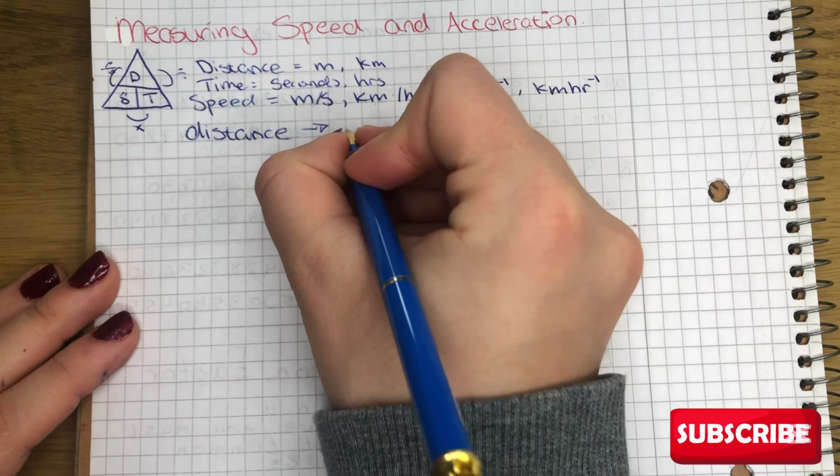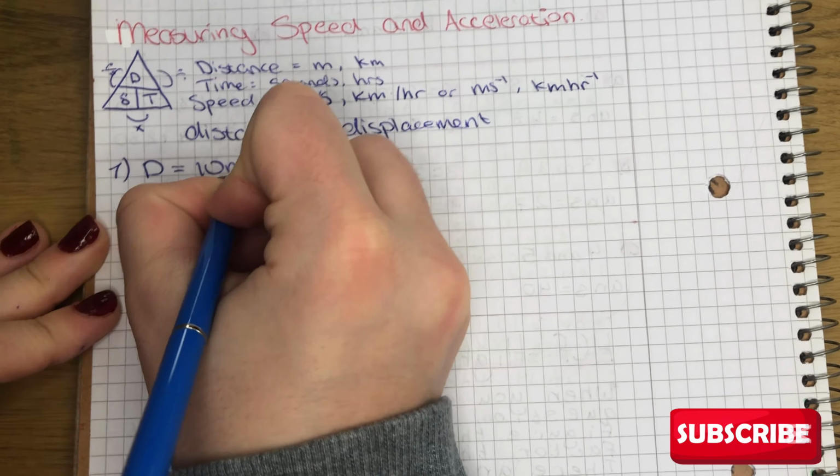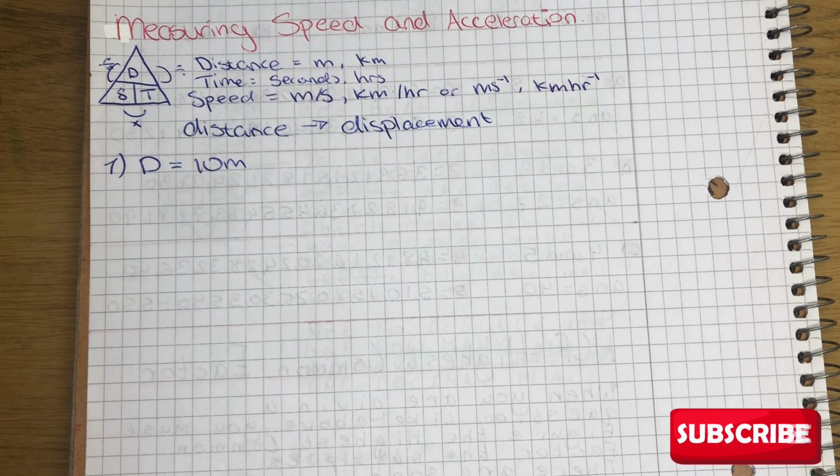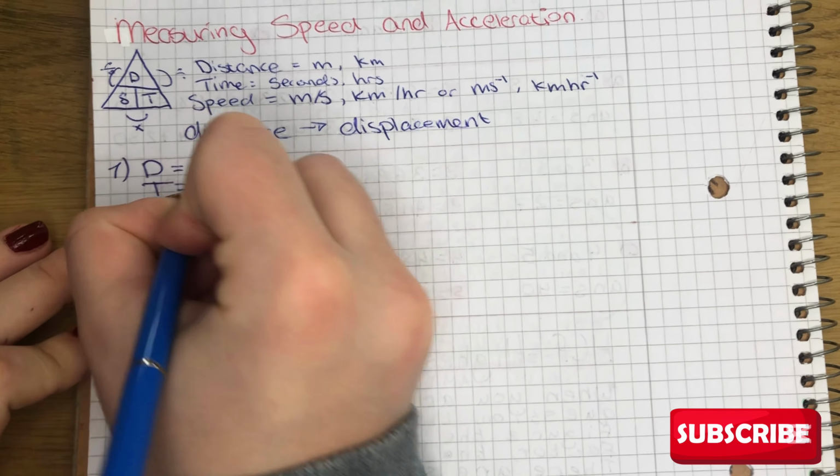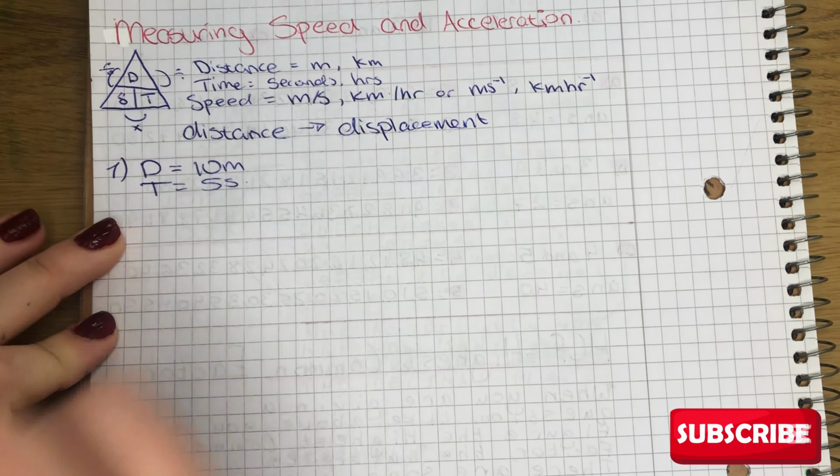So let's get a practice question. Say you are given the question: distance is 10 meters, and the time is 5 seconds, okay? So we're given our distance, we're given our time, and we need our speed. So what must we do? We must divide.